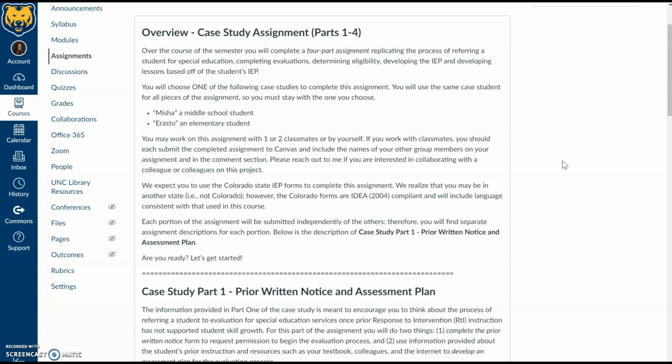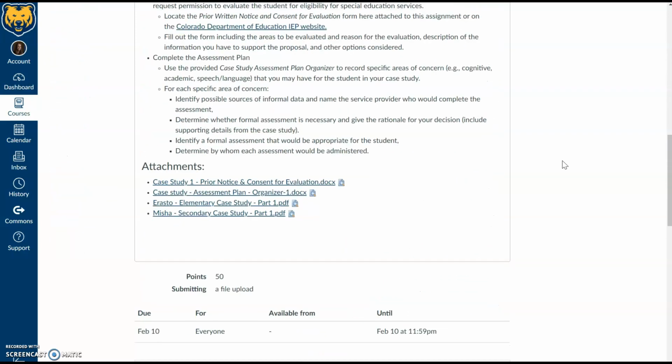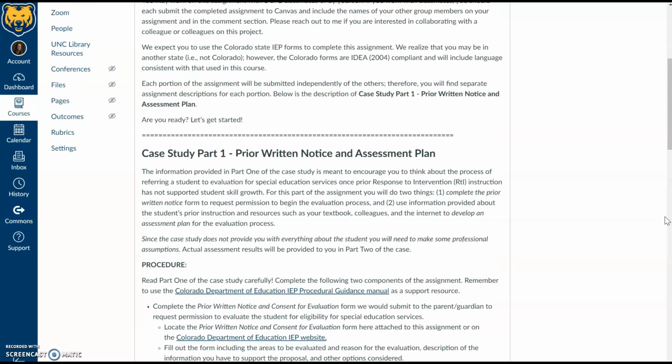One is named Misha, she's in middle school, and then Erasto is in elementary school. So you can review them. They are given to you down here, and they are PDF documents. You can pull them up and decide which one you would like to work on. Whichever of these 2 students you select will be with you for the rest of the semester in this course. So think about which one might be most relevant, or just which one you prefer.